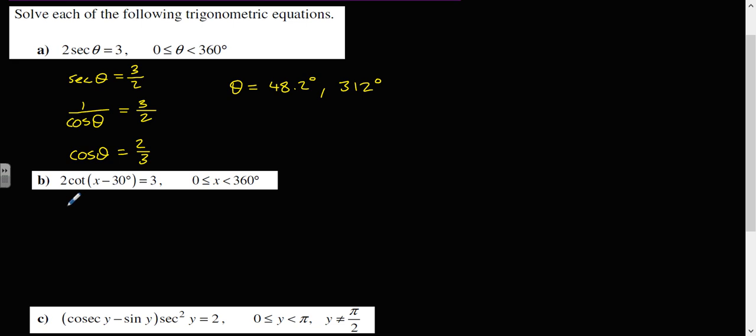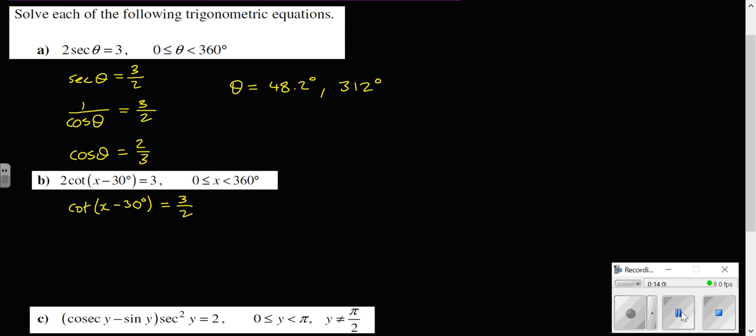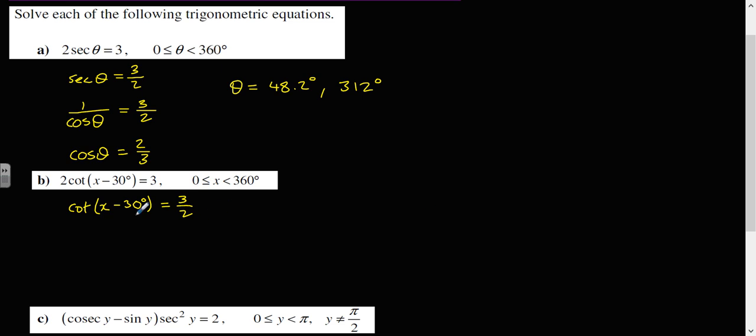So for this one, we're going to do the same thing. We're going to firstly divide both sides by 2. Okay, so what we're going to do here then is we're going to again use this idea of a reciprocal.